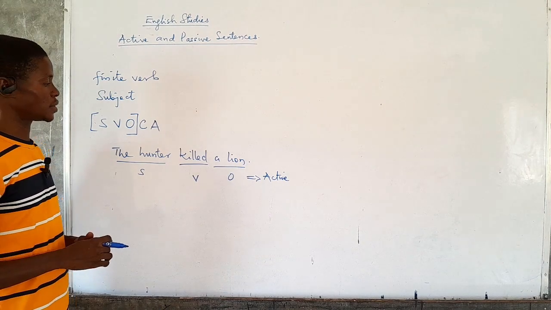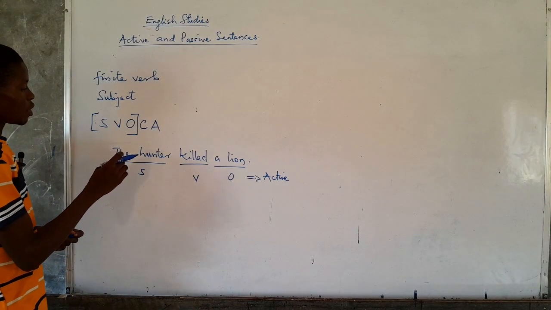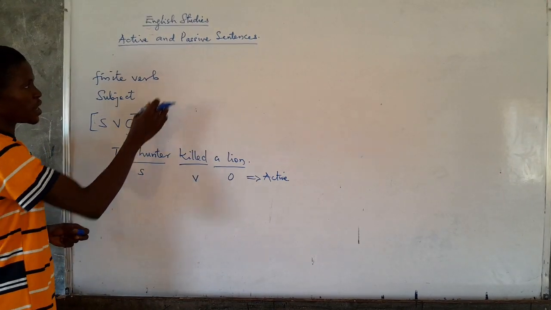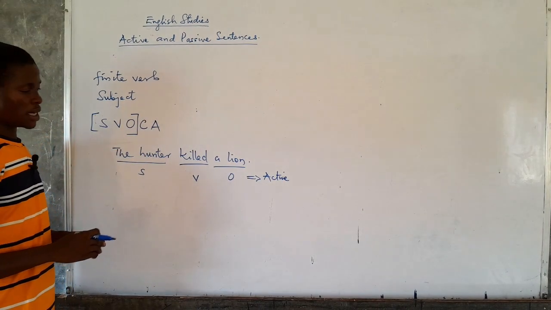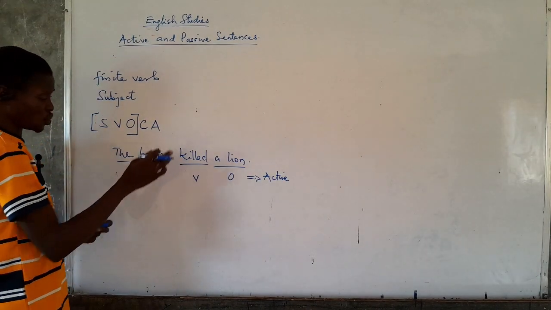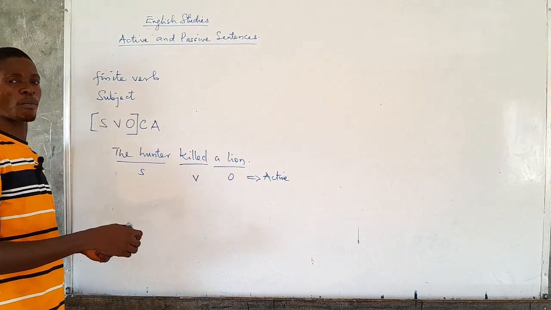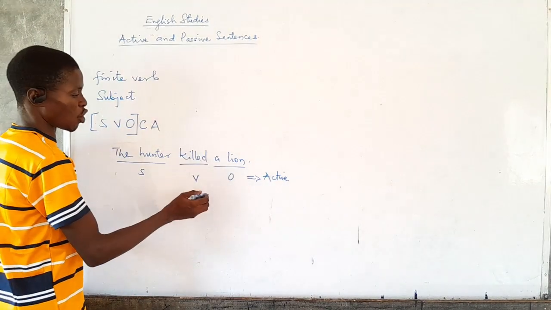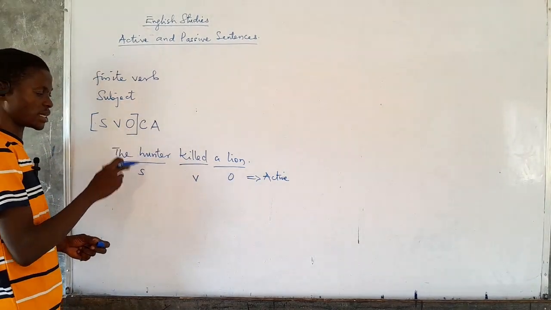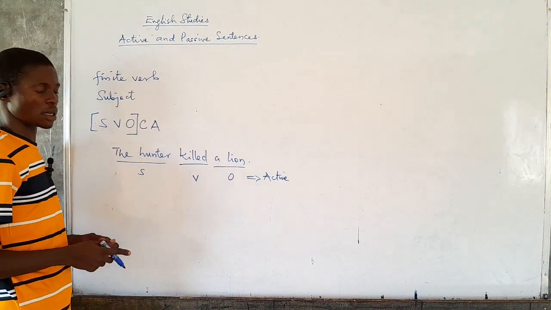Apart from this, whenever you want to talk of a passive sentence, instead of the verb being actively used, it will be used in the passive form. Meaning that we have to alternate the position of the direct subject and the direct object.